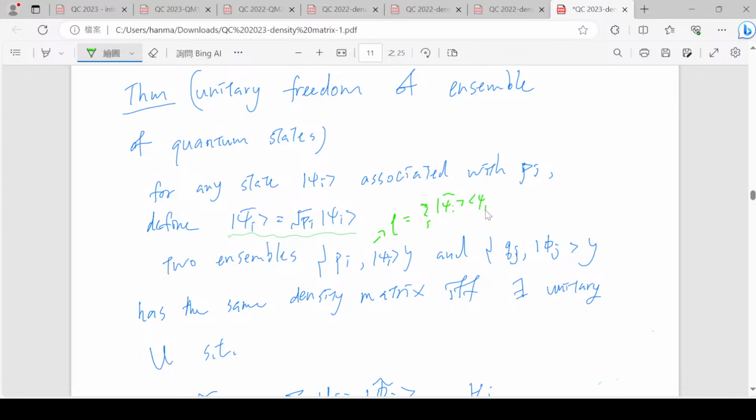This simplifies the notation because we absorb the p into psi tilde. Remember before we had the summation of p_i and psi_i, and then we break p into square root p times square root p and absorb it into psi tilde. So we renormalize the psi tilde with the associated p_i.